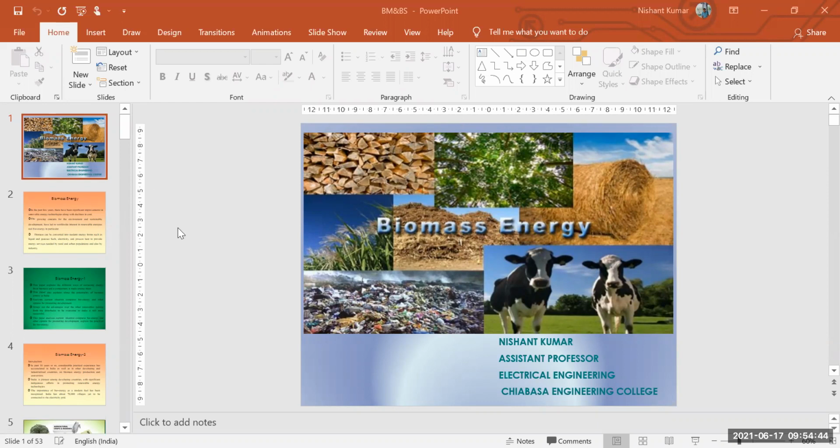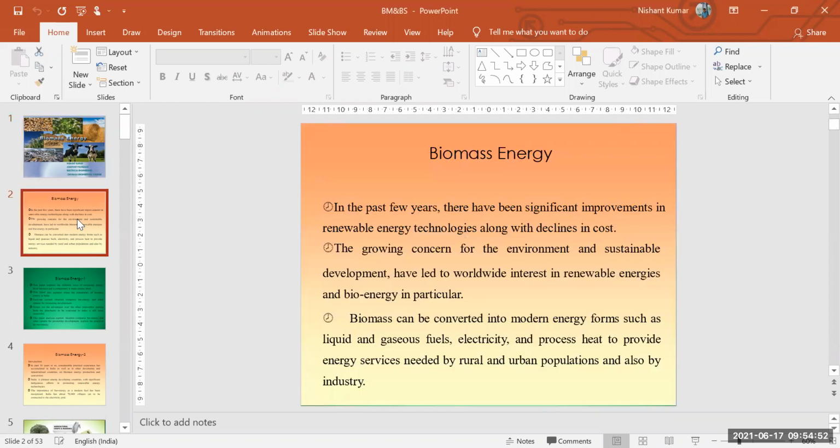So we had a small discussion on what biomass energy is, what biogas energy is, and how it has been created, or how these plants or the animals or the residue get energy.